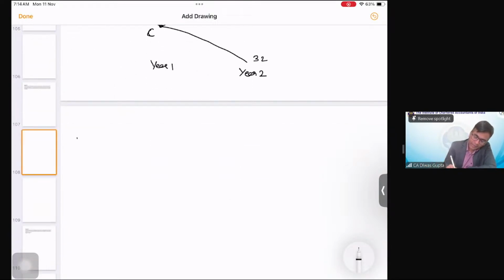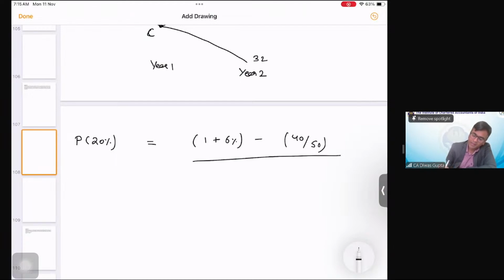Now the probability of prices going up by 20% is equal to 1 plus R, which is 1 plus 6%, minus the downward proportion, which is 40 by 50, divided by 60 divided by 50, which is the upward proportion, minus 40 divided by 50, which is the downward proportion again. Okay.